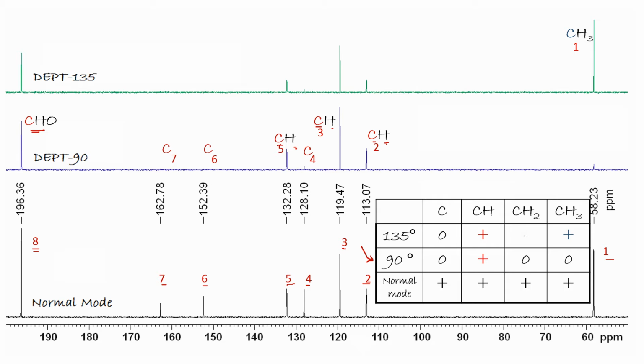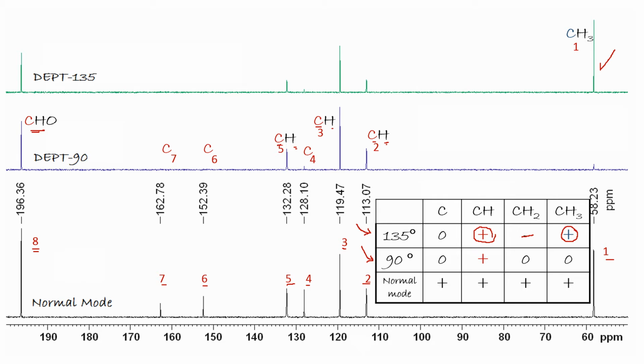To distinguish between the quaternary and CH3, we got DEPT 135, so the CH will be positive and CH3 will be positive and CH2 will be negative. We don't have any negative peak, but we got here a CH3 at 1 positive.